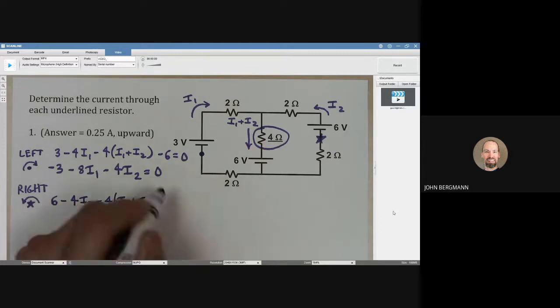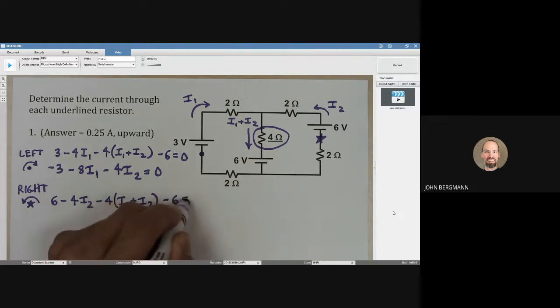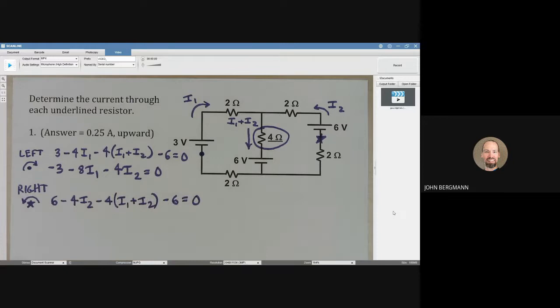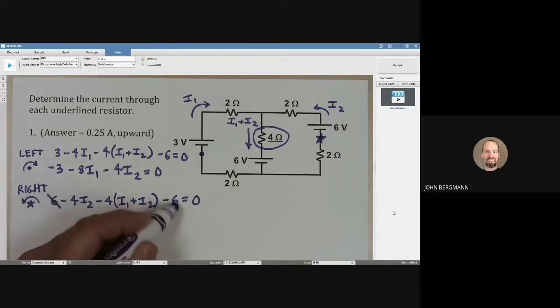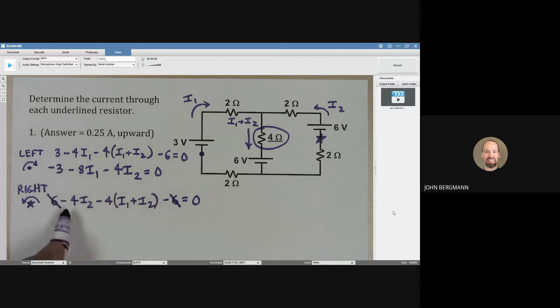And once again, now we're going through this battery in the direction opposite that it's pointed. So we have to say minus 6. All right, so what does that give us? Well, this 6 and that 6 cancel each other. And if we put the I1 first, that leaves us with negative 4 I1 minus 8 I2 equals 0.